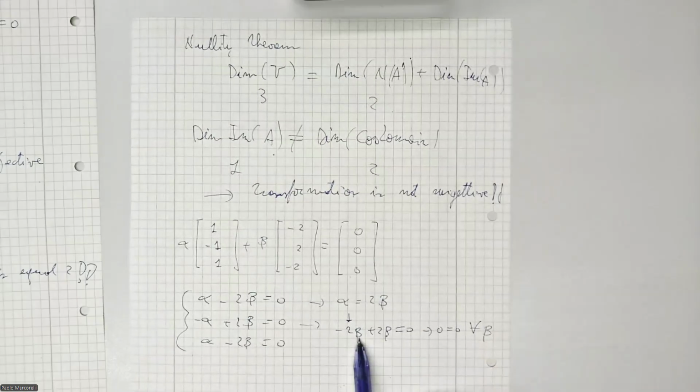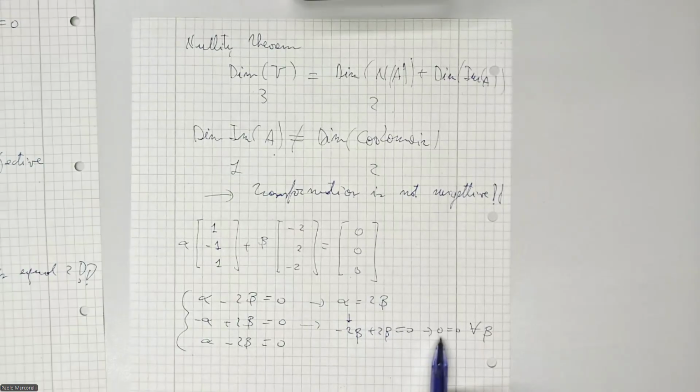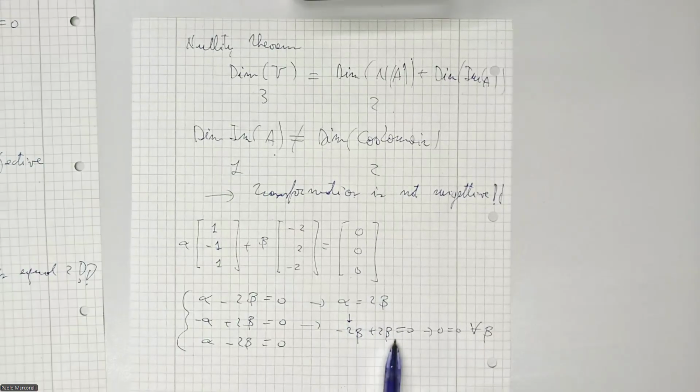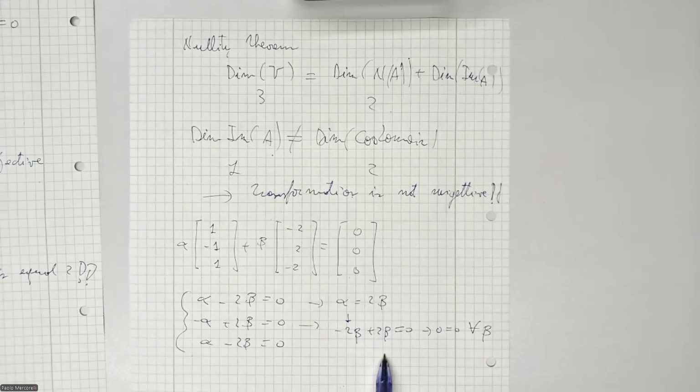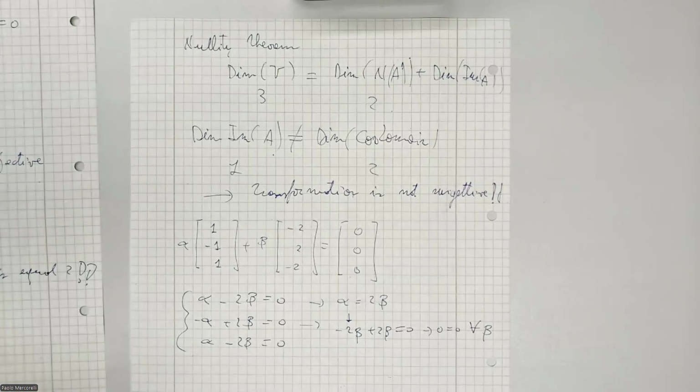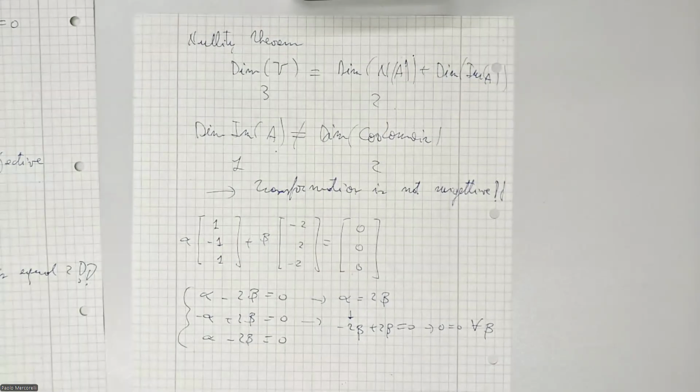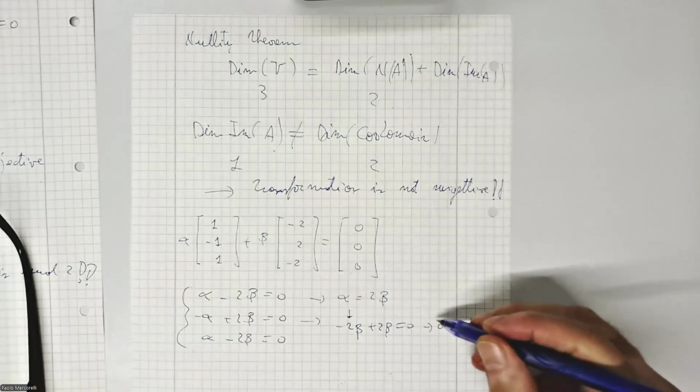Do you agree? When we have 0 equals 0, we have to add for each beta, because beta appears here. Otherwise, it's not consequent. 0 equals 0 is not a sentence that says anything. Please pay attention. This is an important concept in math. No?